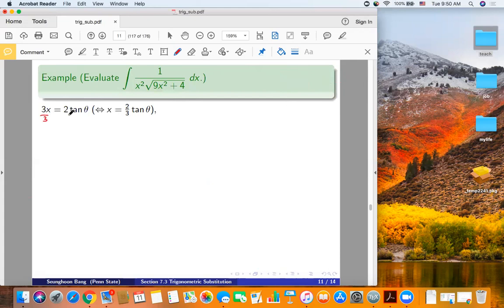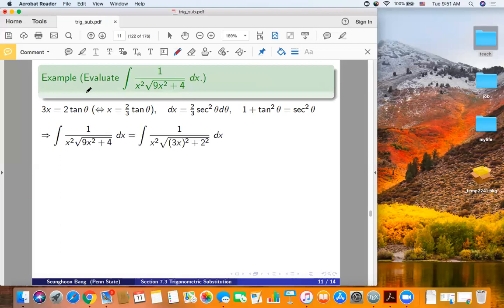The next step, find dx. dx is the derivative of 2/3 tan theta, and the derivative of tan theta is secant squared. So dx is 2/3 secant squared theta d theta. We can use the identity 1 plus tangent squared equals secant squared. We can use this identity.